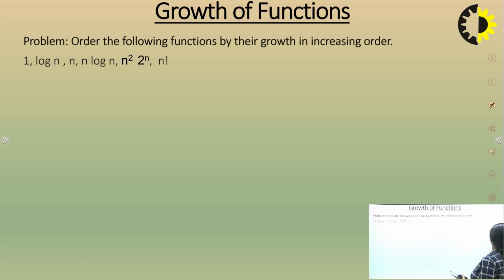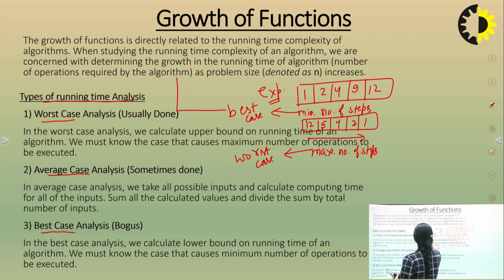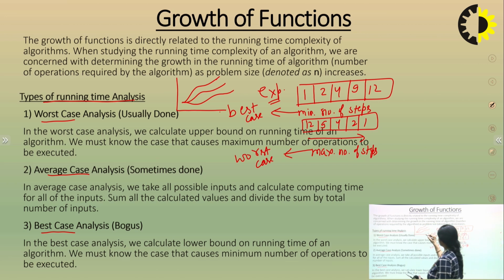One more thing you need to understand in the previous. Suppose I said draw the graph for these cases. This is n. These are the number of steps. This will be the worst case, because maximum number of steps.